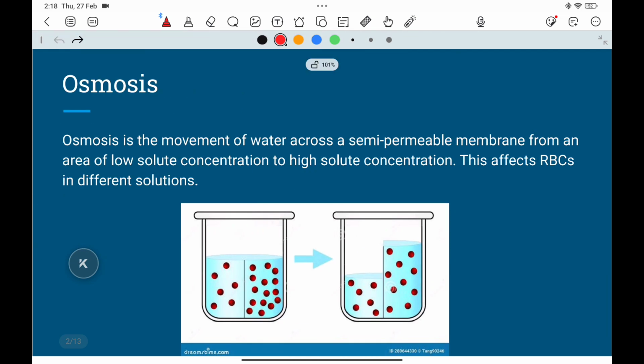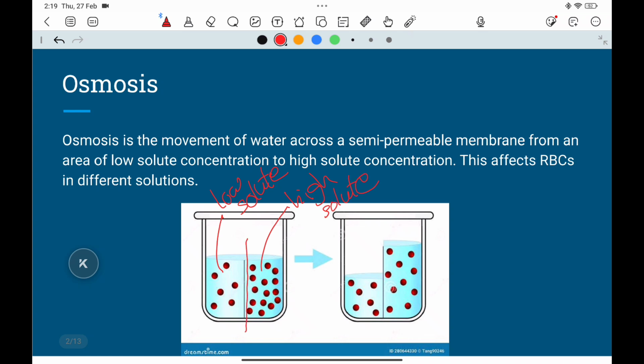So firstly, what is osmosis? Osmosis is the movement of water across a semi-permeable membrane from an area of low solute concentration to high solute concentration. So see, here this side is the low solute concentration, and this side is the high solute concentration.